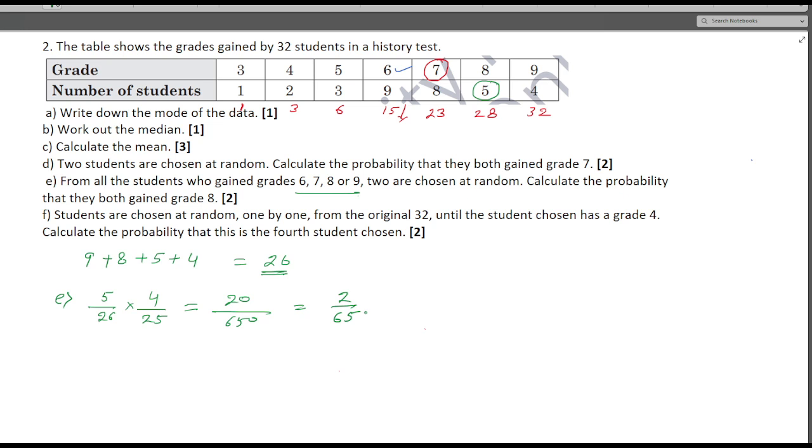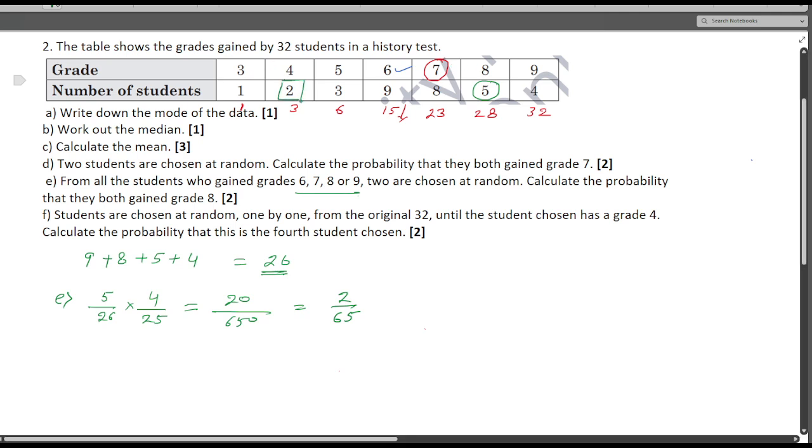We have to find the probability that the fourth student chosen has grade 4. That means the first 3 students choose a grade other than 4. There are 2 such students who scored grade 4.